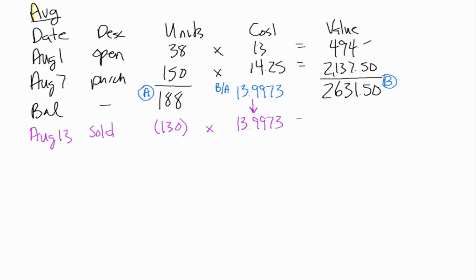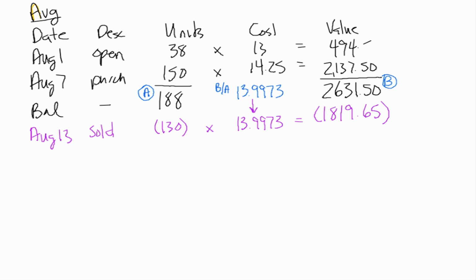Multiply it, equals negative 1,819.65. Does everybody see how I did that? Okay.